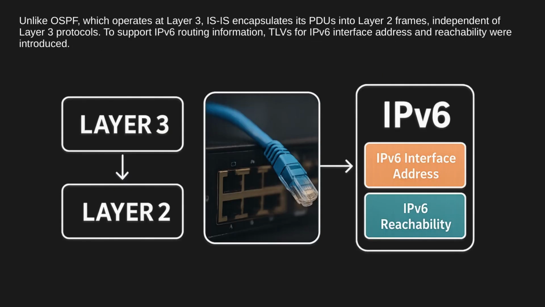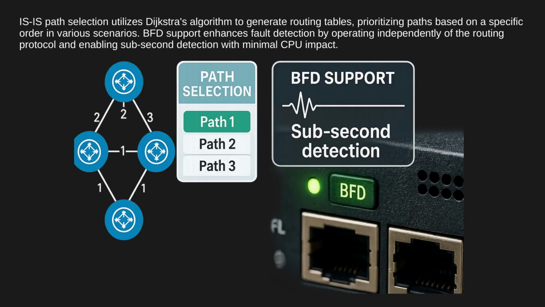Unlike OSPF, which operates at Layer 3, ISIS encapsulates its PDUs into Layer 2 frames independent of Layer 3 protocols. To support IPv6 routing information, TLVs for IPv6 interface address and reachability were introduced. ISIS path selection utilizes Dijkstra's algorithm to generate routing tables, prioritizing paths based on a specific order in various scenarios.